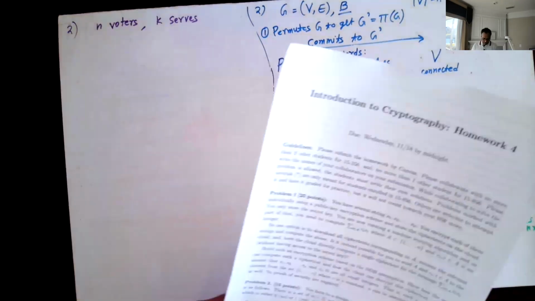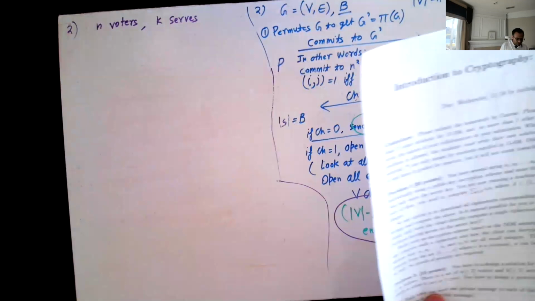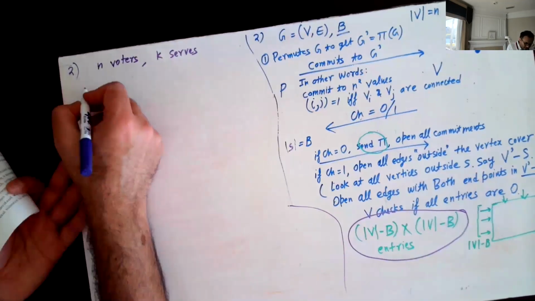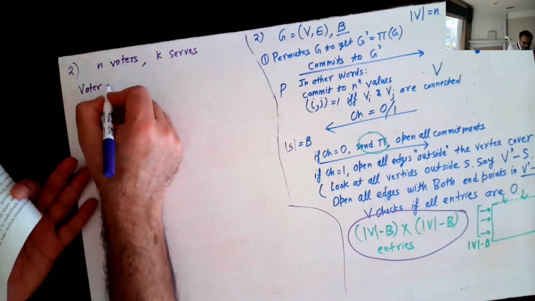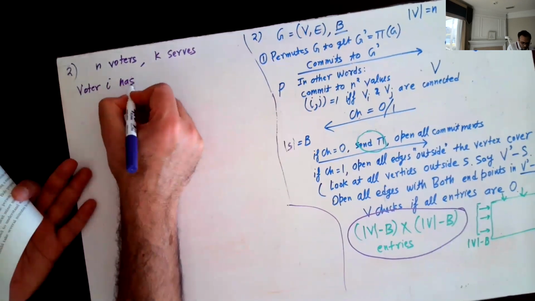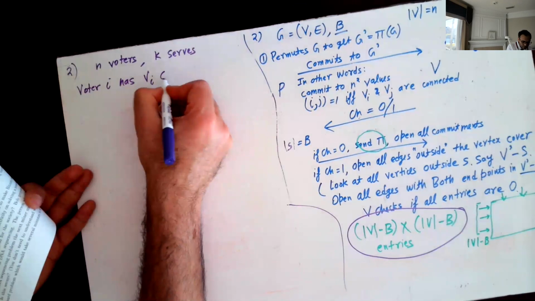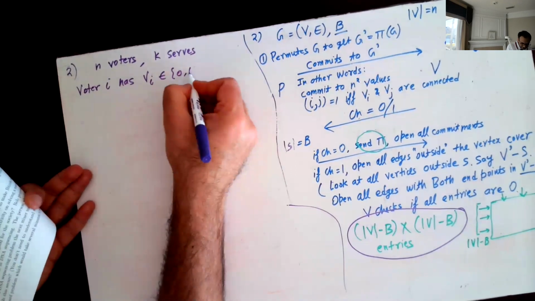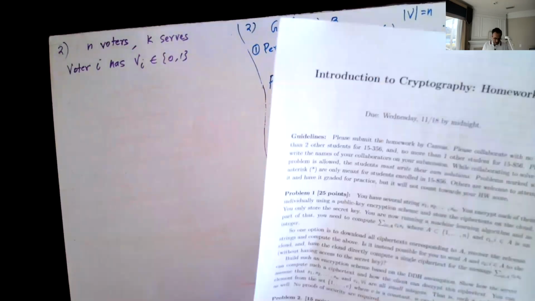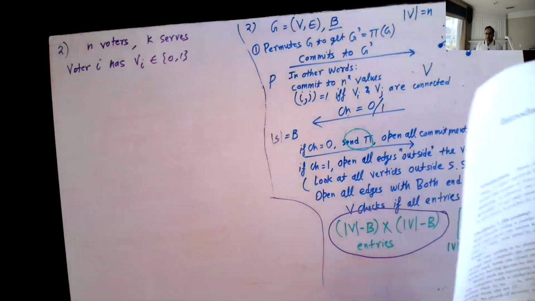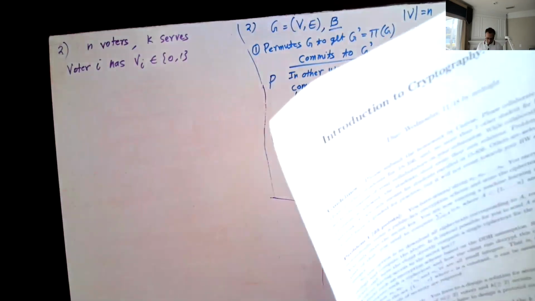And the protocol is as follows. Each voter has a vote v. So voter i has a vote vi, which could either be 0 or 1. Let's say we are voting for some ordinance, pass or fail.